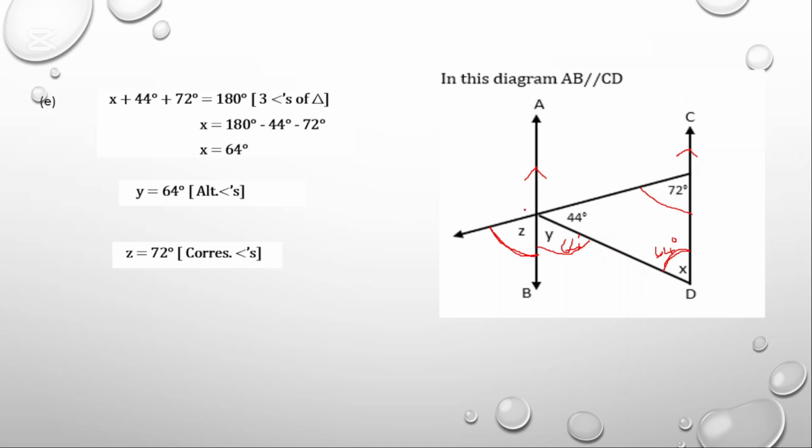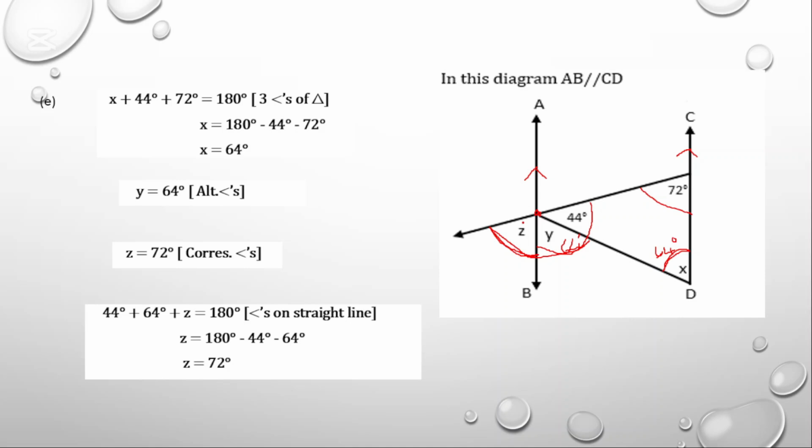Or the long method, these three angles here, they add up to 180 because they all have the same vertex and they are on the same side of the straight line. So you can use this one also. 44 here plus 64, the 64 over here, plus Z is equal to 180, angles on a straight line.